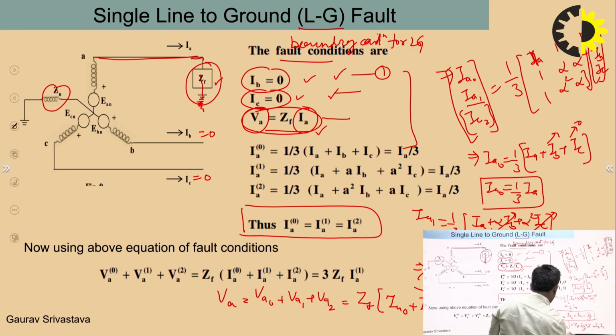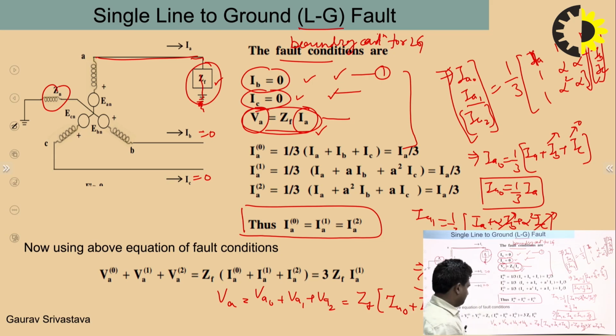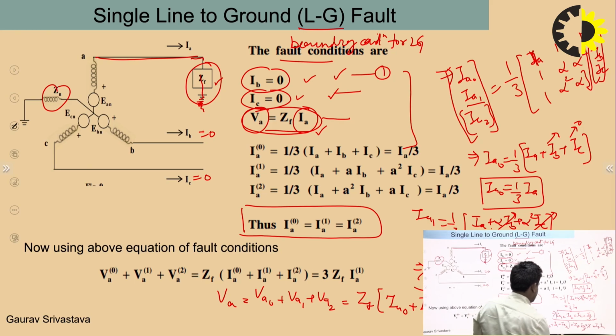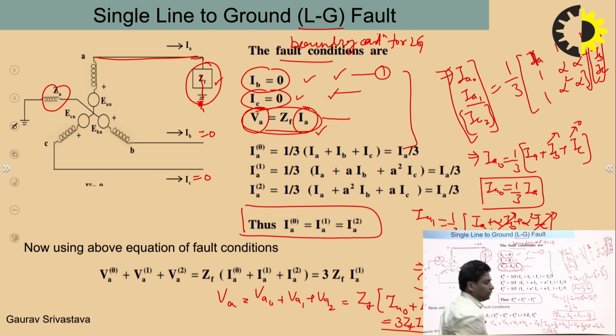This becomes 3 ZF IA1. So we simply write it as 3 times the positive sequence current component IA1 times ZF. So we have found this relation.